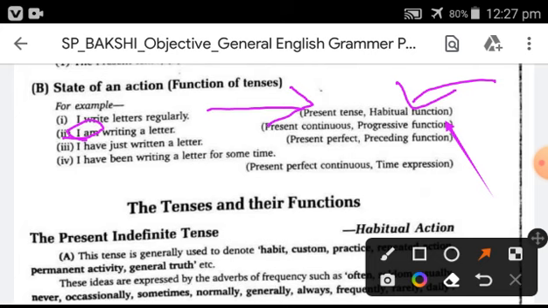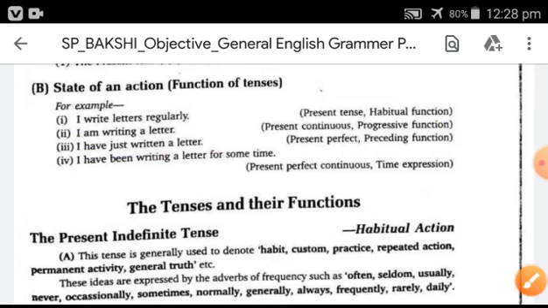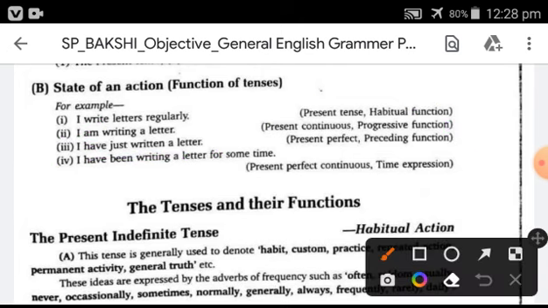And the third sentence, I have just written a letter, means present perfect, or you can say preceding function. Don't worry, I will discuss it in upcoming slides. So stay tuned.